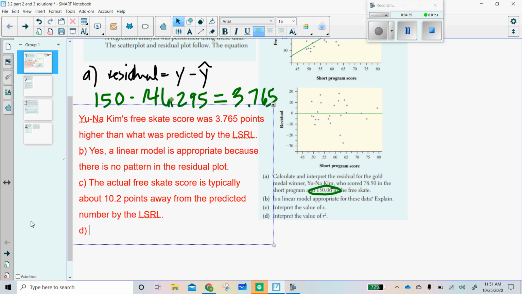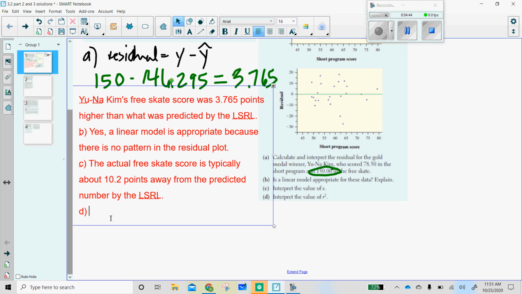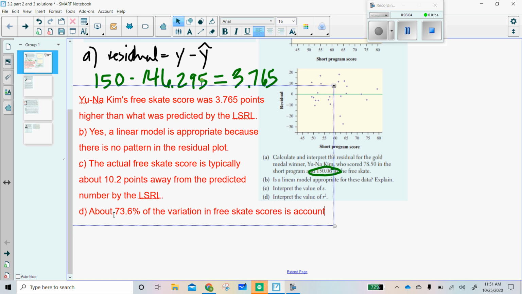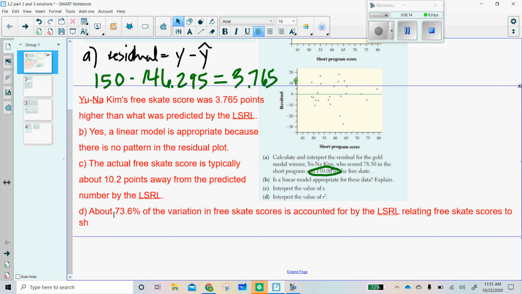And then let's look at R squared. R squared was 0.736. About 73.6% of the variation in free skate scores is accounted for by the least squares regression line relating free skate scores to short program scores.